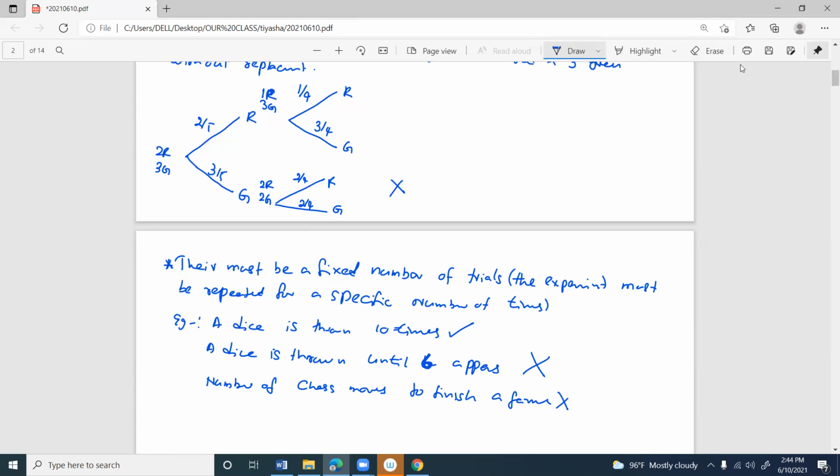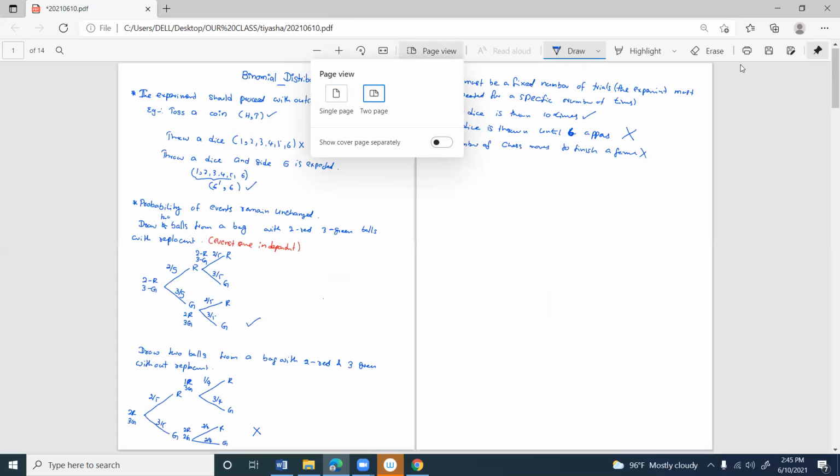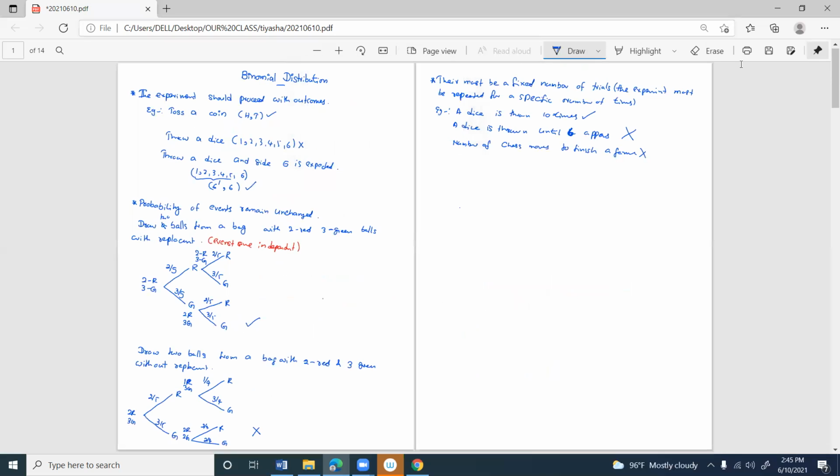This is not binomial, because the number of chess moves to finish a game is not fixed. So there is not a fixed number of trials. Is that clear? So those are the basic facts we need to learn about the binomial distribution.